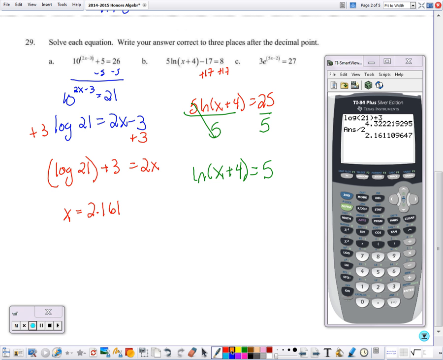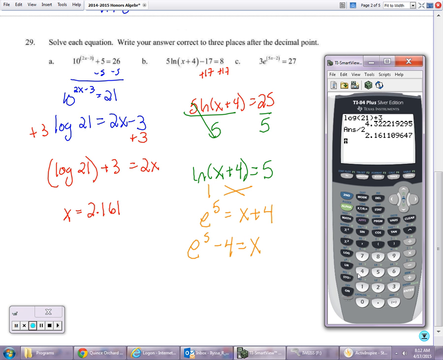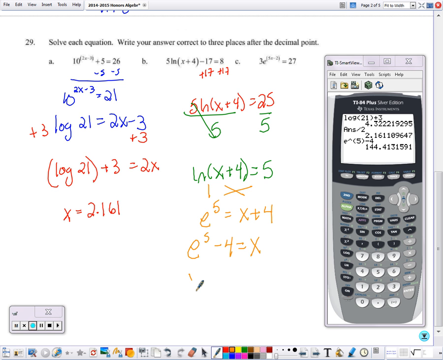We're going to change it to exponential and subtract 4. So let's see, e to the 5th minus 4, 144.413.